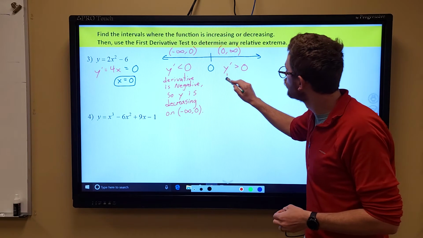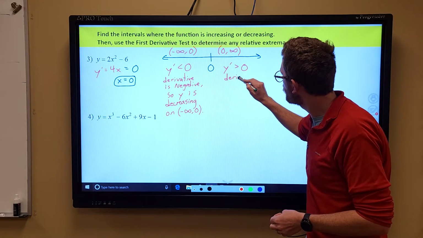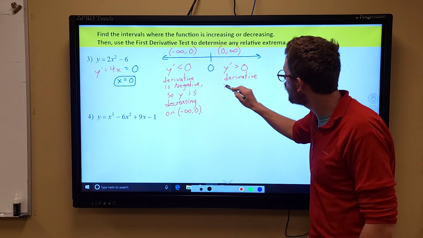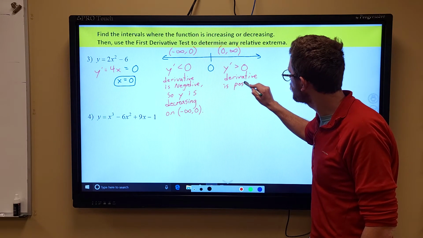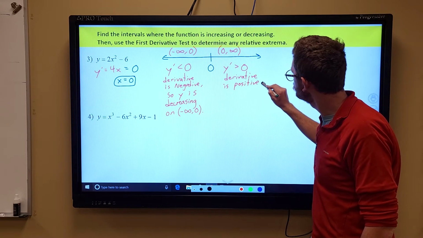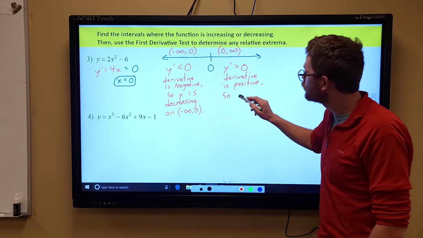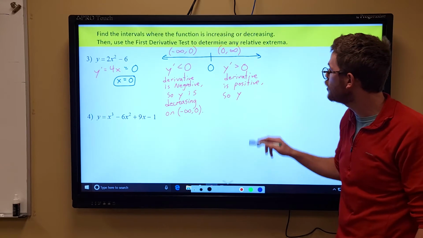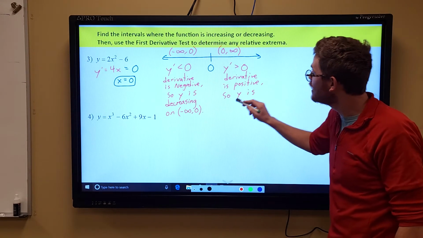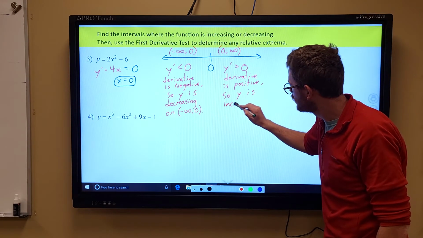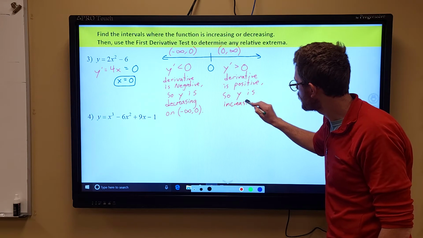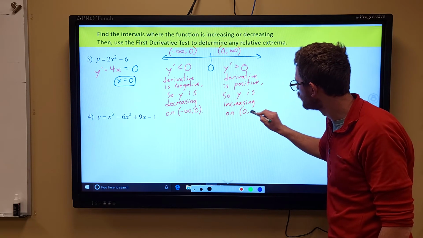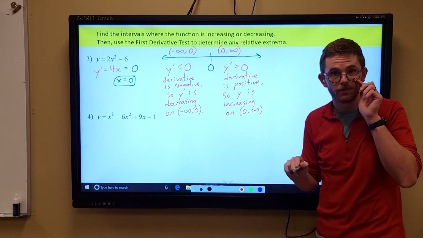And since the derivative is giving us positive outputs, how does that affect our original function? Our original function, y, is increasing on the interval from 0 to infinity.